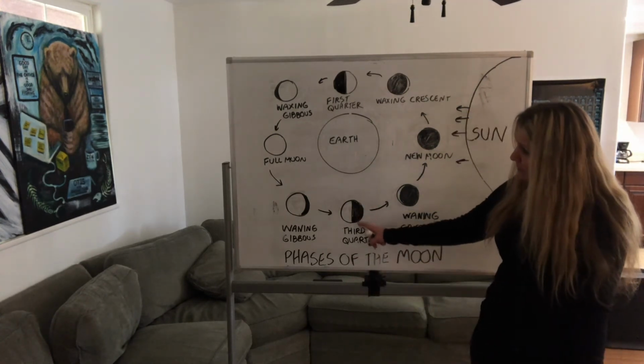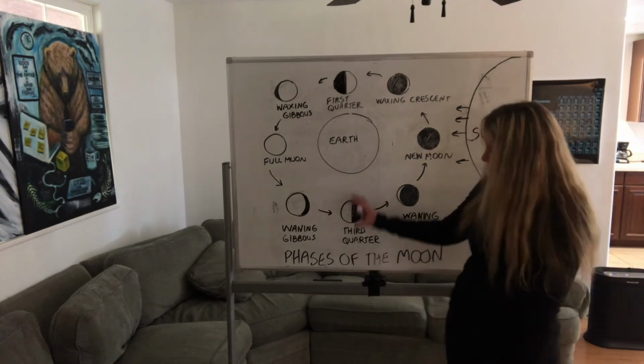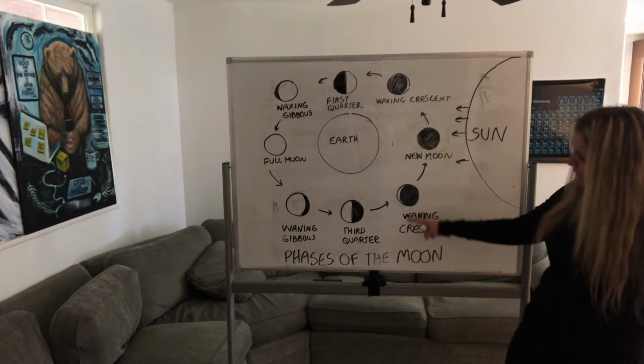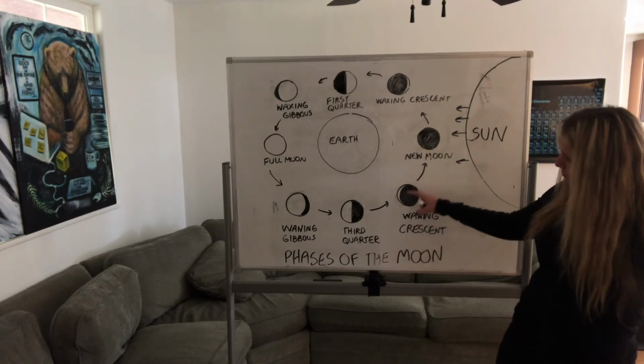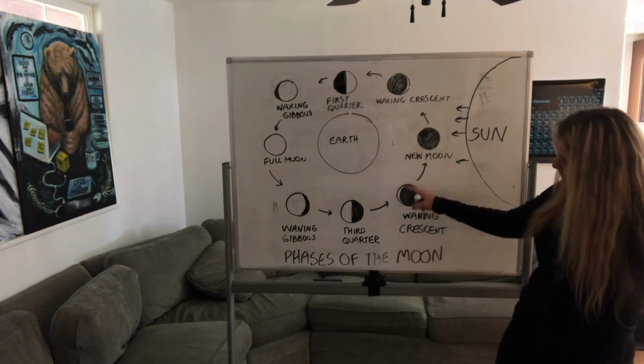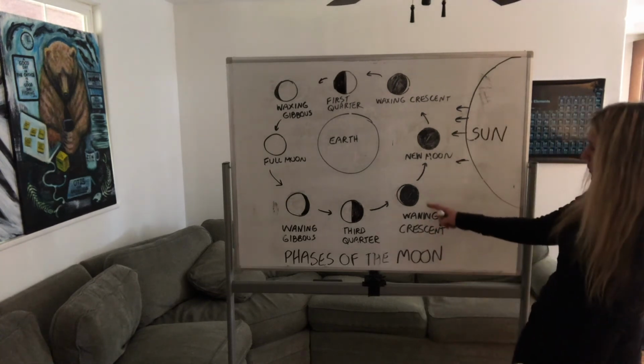This is when half of the right half is in shadow. Next phase is the waning crescent phase. This is when most of the moon is in shadow except for the very left edge, which is lit up. It's a waning crescent.